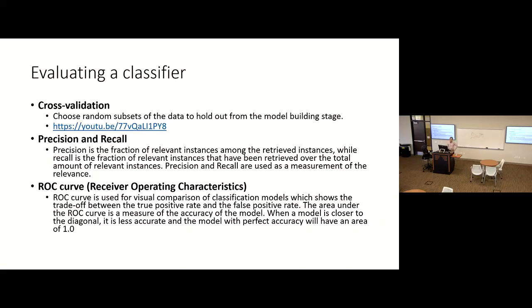So how can we have a reasonable evaluation of how good or how bad a classifier is? There are several methods, and one is called cross-validation.